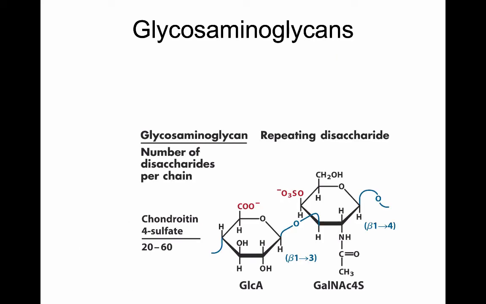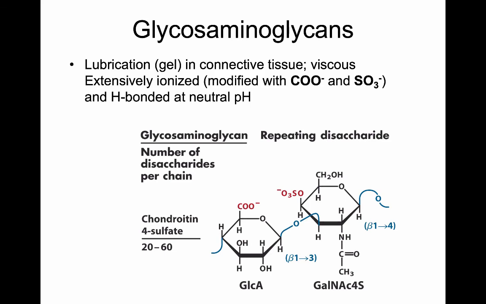Okay, so moving on to a different type of polysaccharide: glycosaminoglycans. These are used as lubrication or gel in connective tissue. It's very viscous and it's extensively ionized.